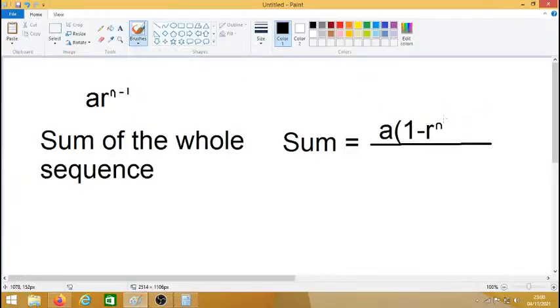And then on the bottom, you've got just 1 minus R.